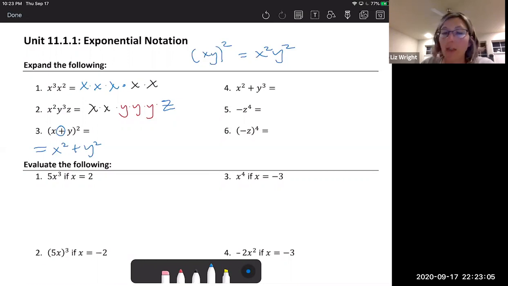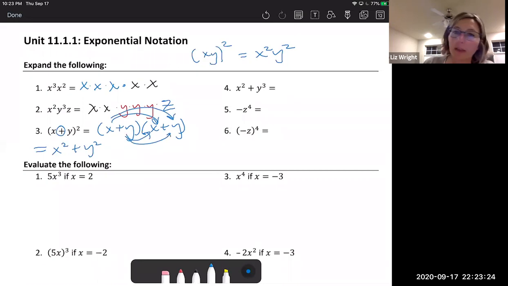So on this one, we're actually writing out that quantity of x plus y times x plus y. Then if we were to FOIL it, like take the first terms, outside terms, inside terms, last terms, and multiply, then simplify and combine like terms, I don't know if you remember, but that's called a perfect square binomial, and it results in a perfect square trinomial.